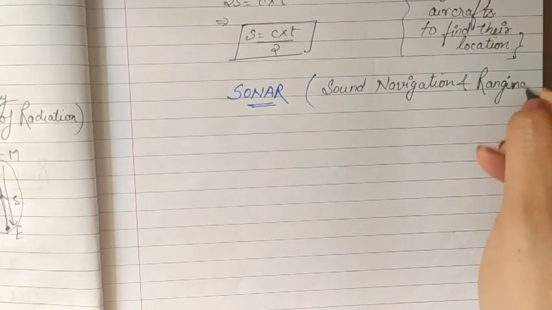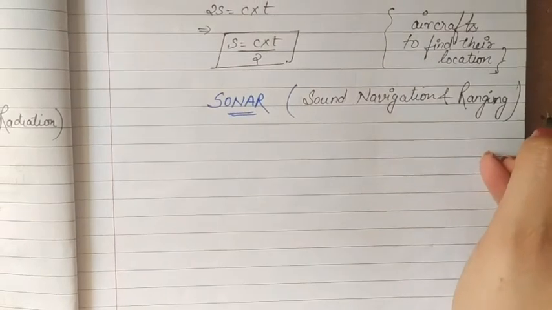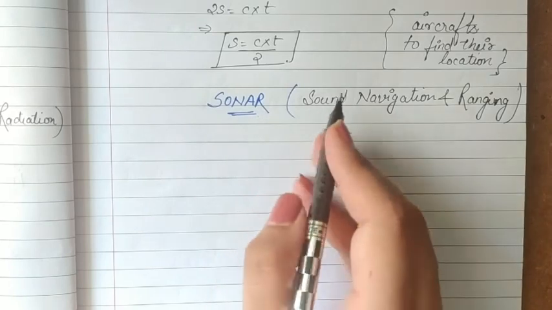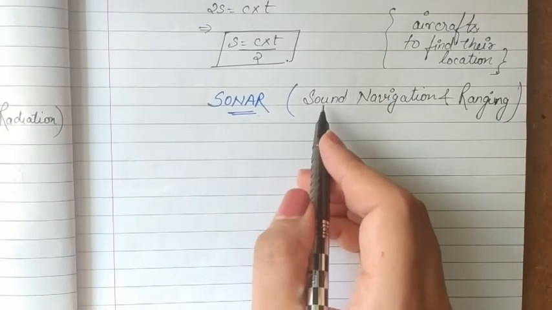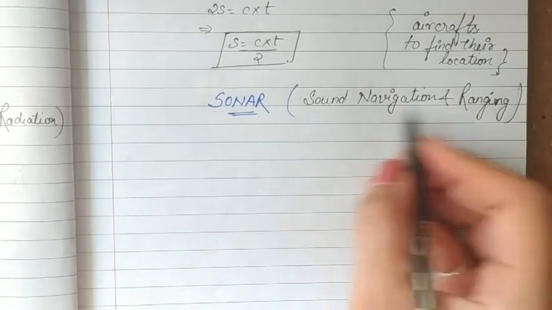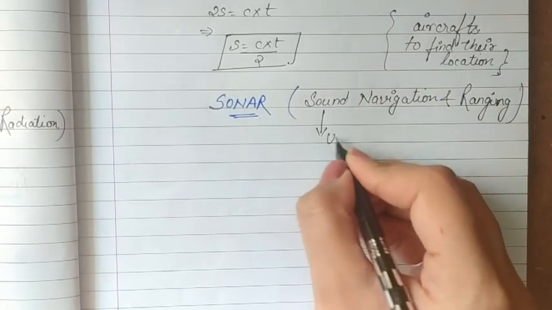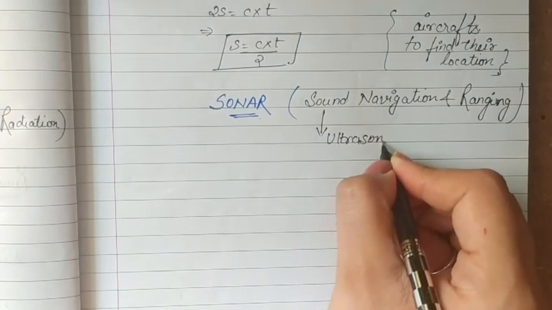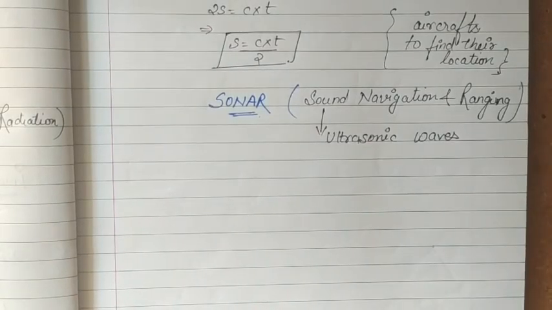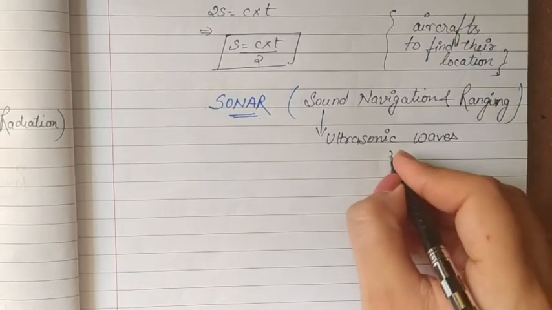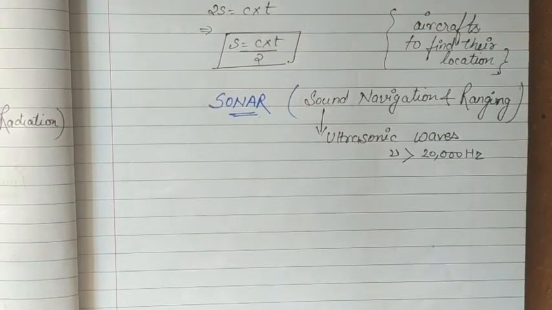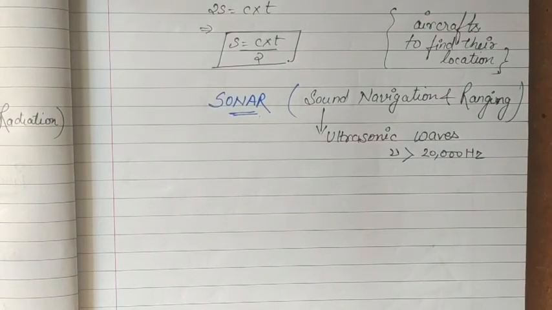Now it is different from the normal reflection method, because sound waves in both cases, in reflection or echo method and in sonar method, in both cases we are using sound waves, but there in echo method we were using the normal sound waves, but here in sonar or sound navigation and ranging we are going to use ultrasonic waves. That is the difference. So in sonar method we are going to use ultrasonic waves which have frequencies greater than 20,000 hertz.